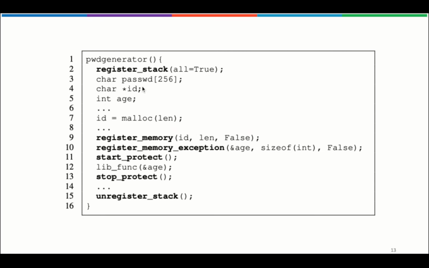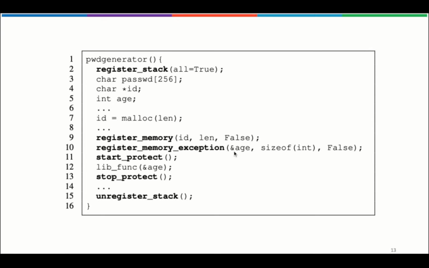Remember ID is in the stack frame here because this is allocated right here. Now ID is pointing to heap, so we are doing the register memory ID and this is alen bytes. So what it says is that this memory needs to be protected as well. So Stack Vault will take care of it.